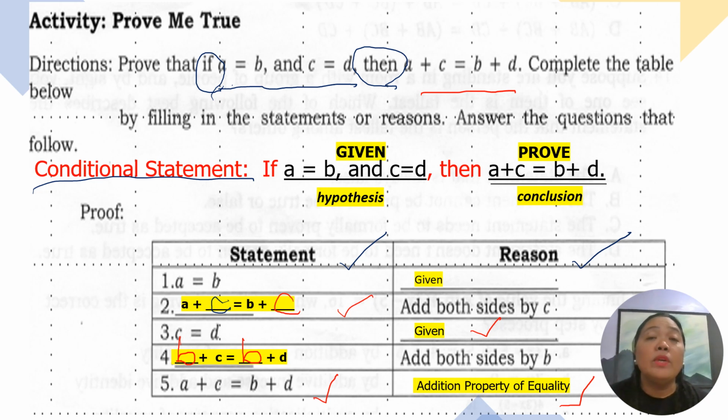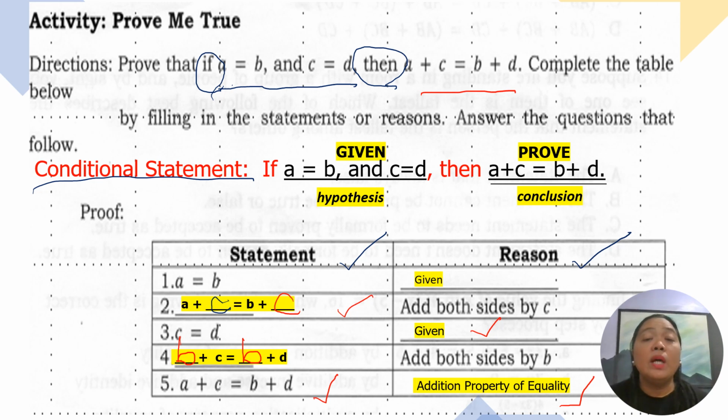The properties of equality are very helpful when we need to prove a certain statement. There are so many properties of equality that we can use, one of which is the addition property of equality.